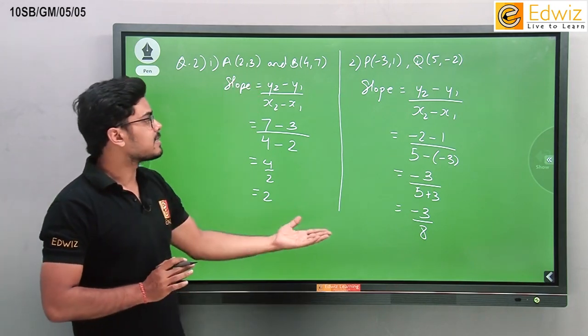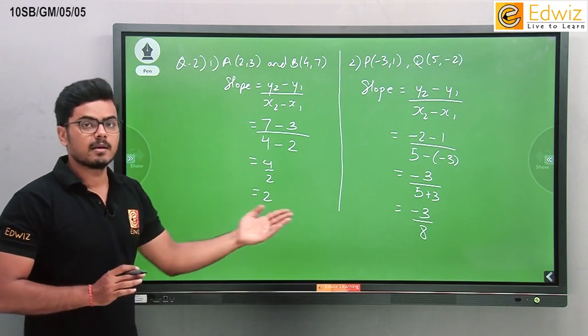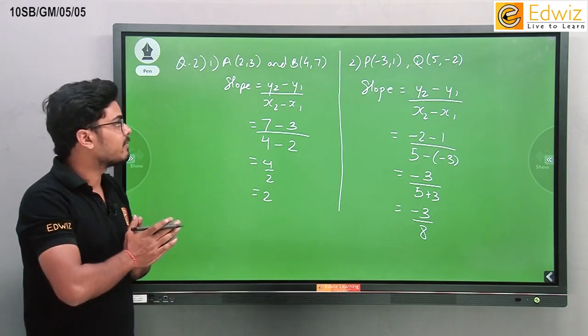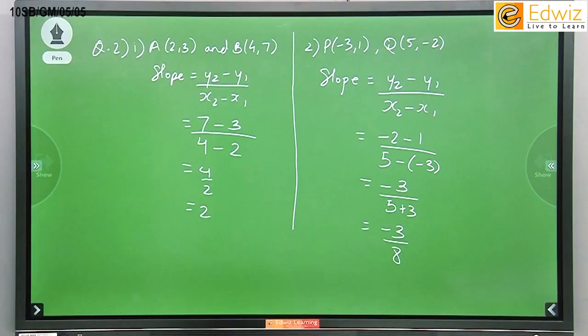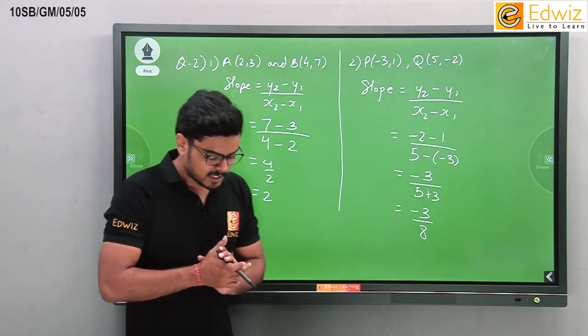Okay, so this is the first and the second part. Please make a note of this. I will give you 10 to 20 seconds to write this down. All right, so I hope you have finished with this.